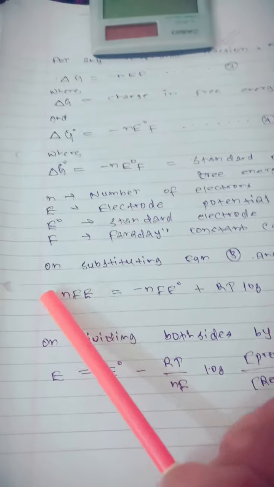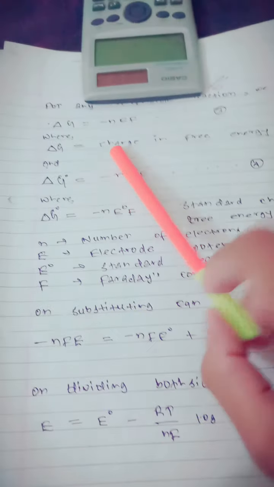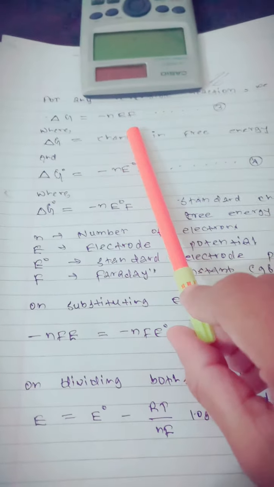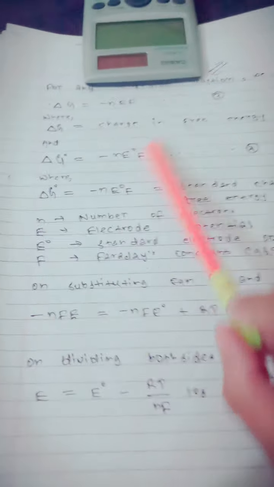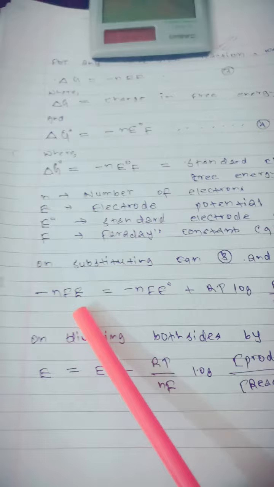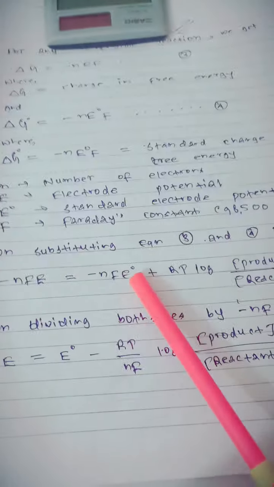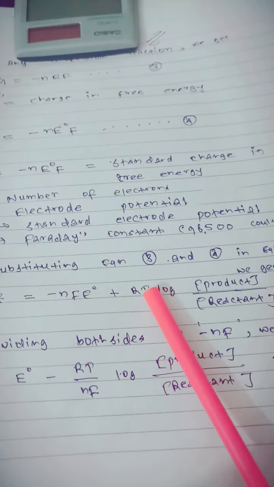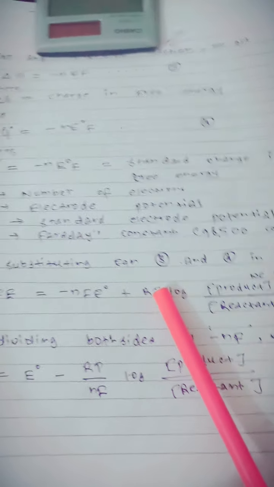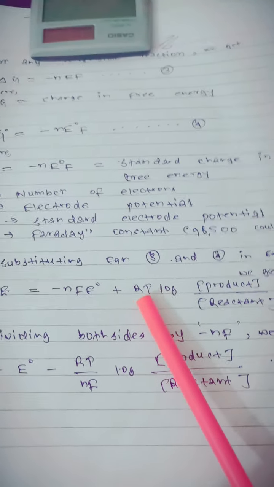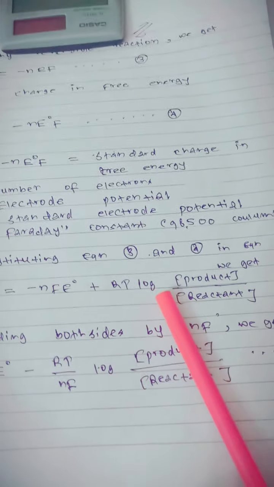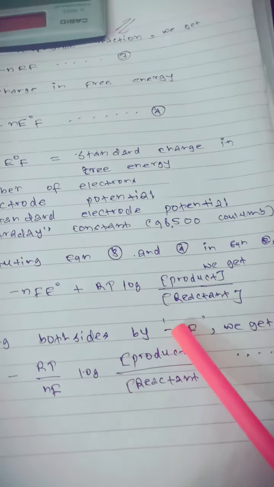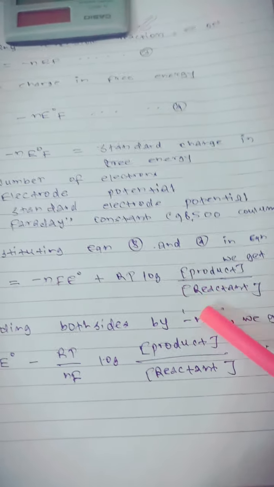So in place of delta G, I substitute minus nEF, and similarly in place of delta G naught, I substitute its value, and then plus RT as given in the equation, I will keep as it is, into log of product by reactant. This is my product and this is my reactant.